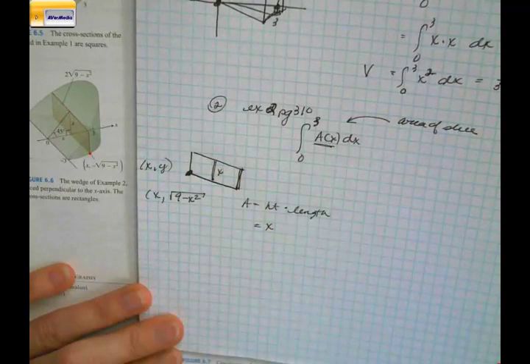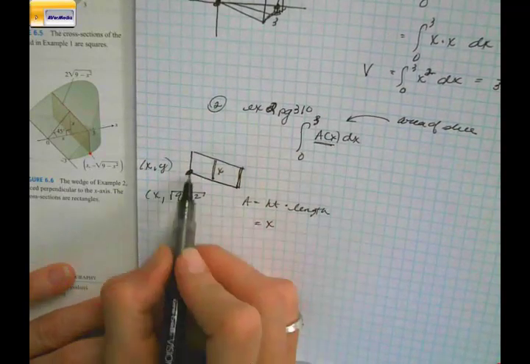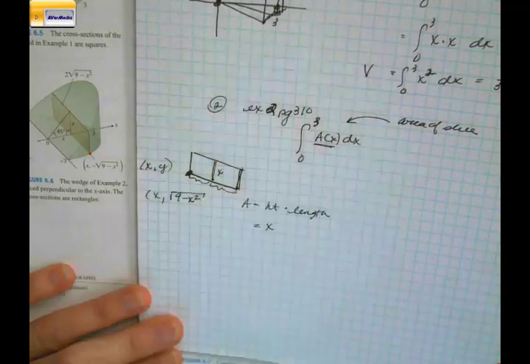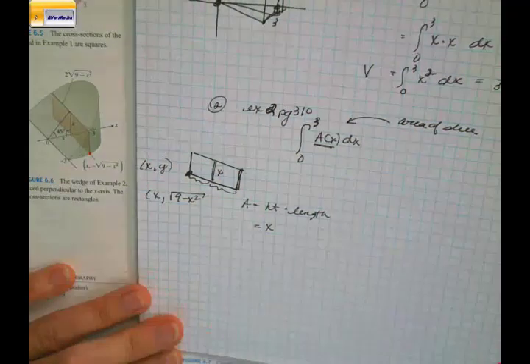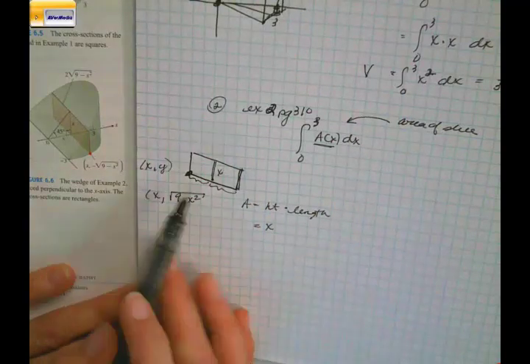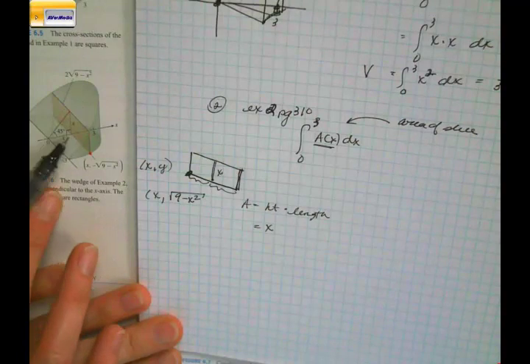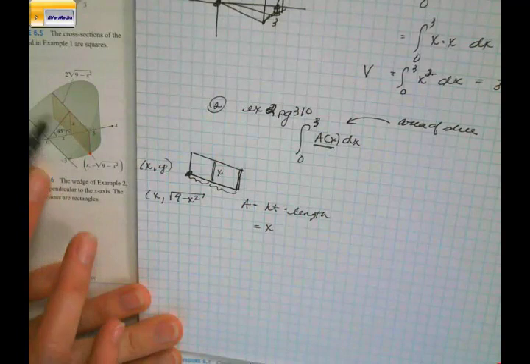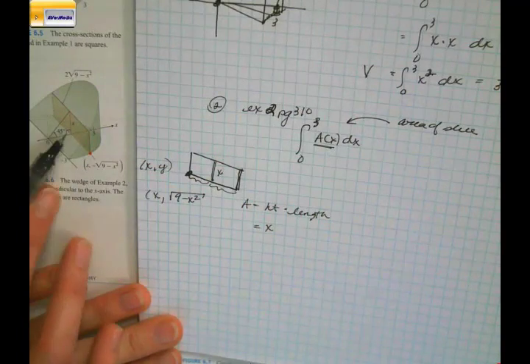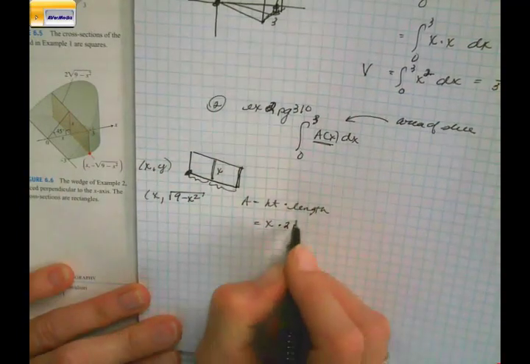And your length is twice the square root of 9 minus x squared from that x-axis. Your height is x, and the length from this point to the circle itself is square root of 9 minus x squared each way, so you have to double it.